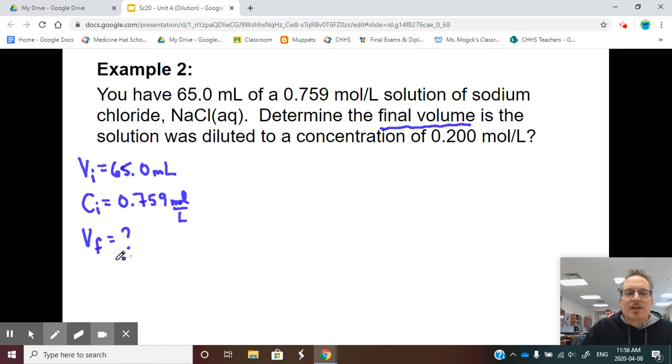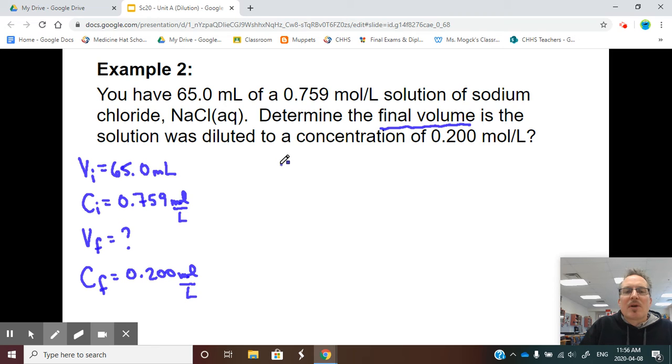When we diluted it to a concentration of 0.200 moles per liter. So I'm checking moles per liter, wonderful, same unit. Milliliters, that means my final volume will also be in milliliters.